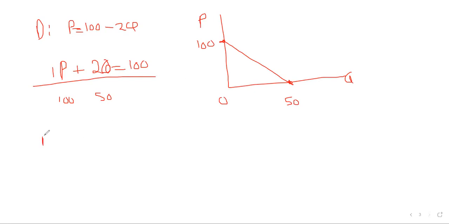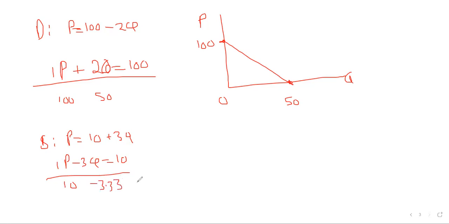They were also given the supply, which was given that P is equal to 10 plus 3Q. So we're going to bring this aside with P minus 3Q is equal to 10. So there's a number 1 there. 1 into 10, we have a 10. Negative 3 into 10 is negative 3.33. So to sketch this here, we're going to have the following scenario.